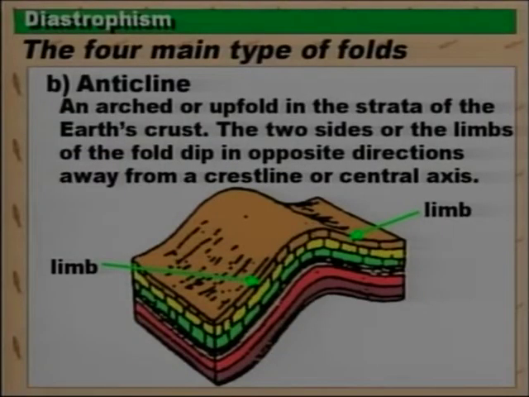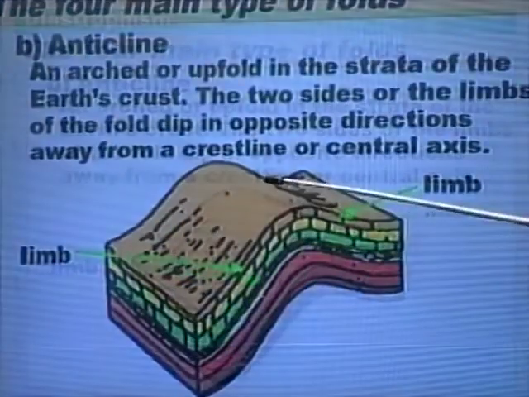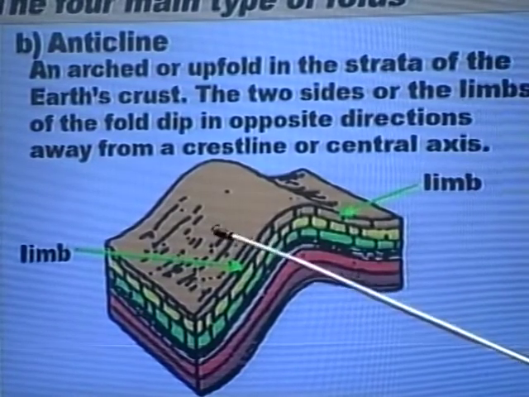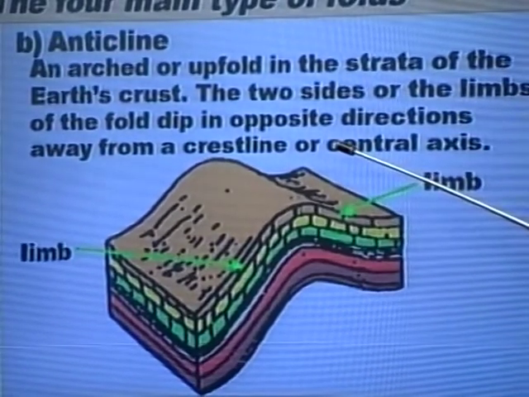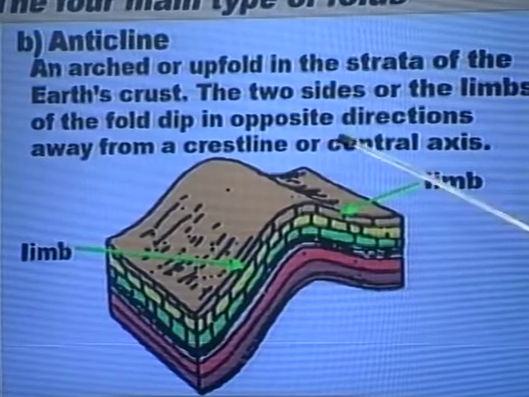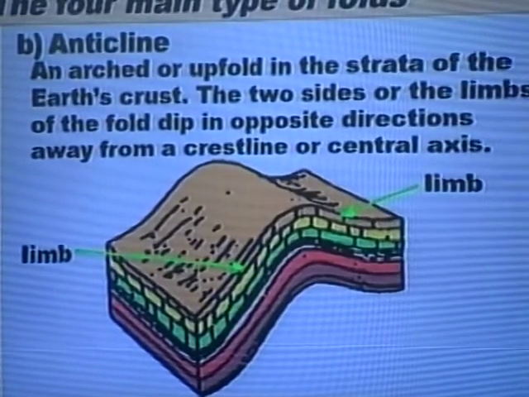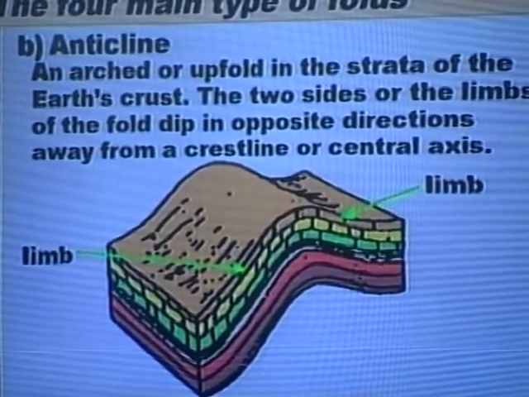An anticline is an arched or upfold in the strata of the Earth's crust. This area up here, the upfold we are looking at. The two sides, this side here and the other side, or the limbs of the fold, dip in opposite directions away from a crest line or a central axis.